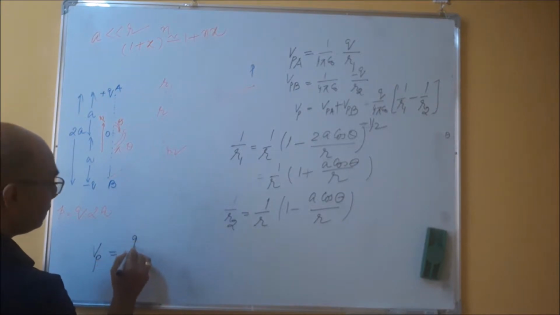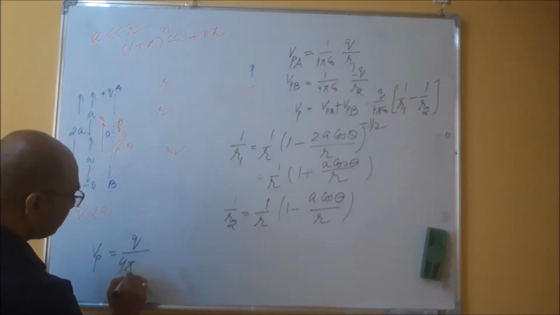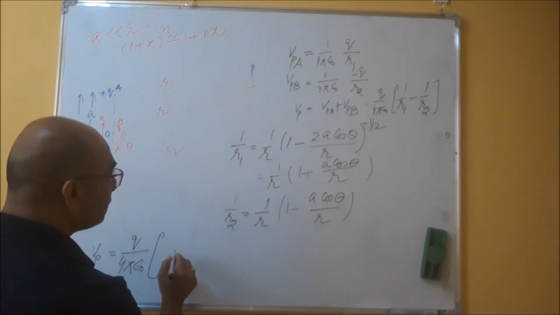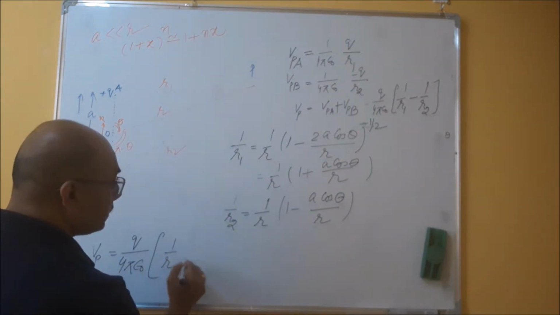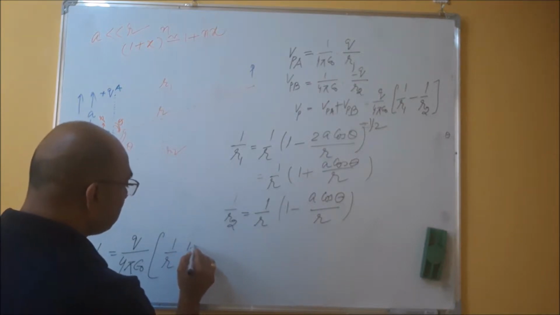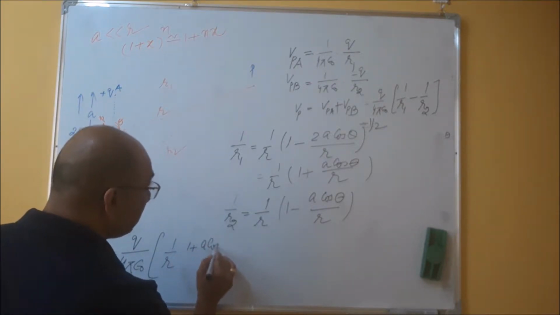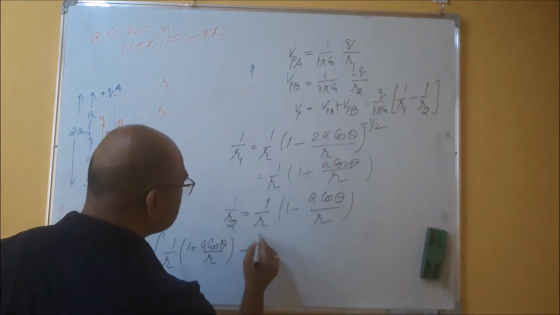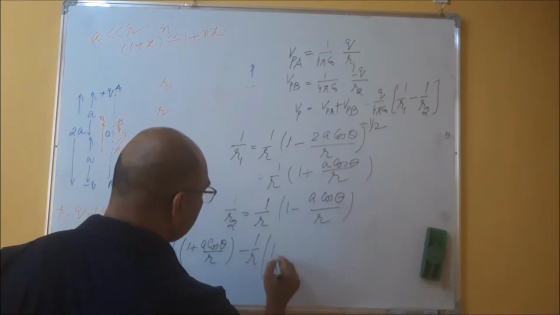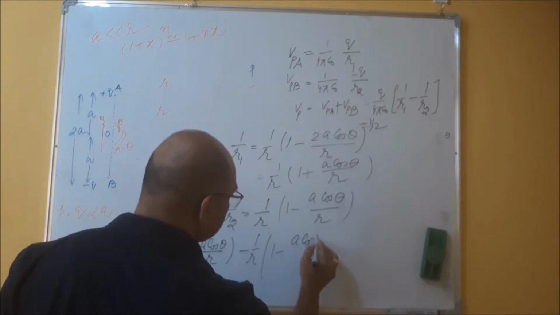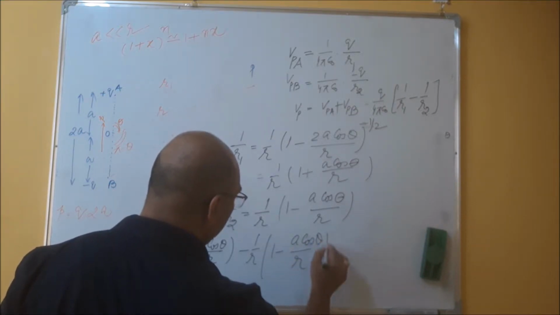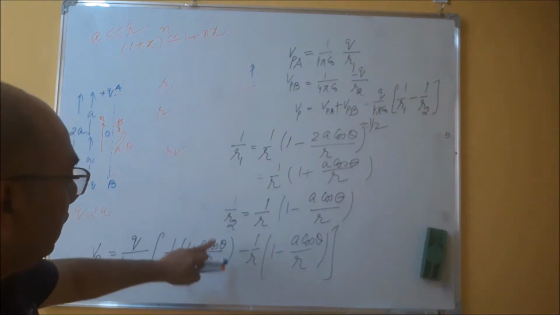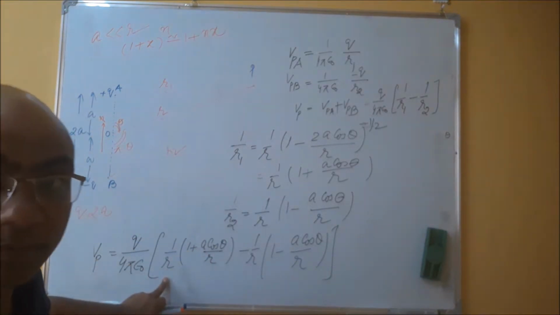Vp is q upon 4 pi epsilon naught, 1 upon r1 is 1 upon r into (1 plus a cos theta upon r), minus 1 upon r into (1 minus a cos theta upon r). Right? Again you can take 1 by r common from here.